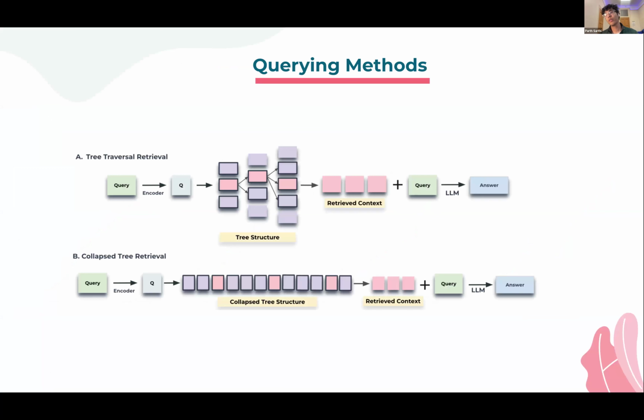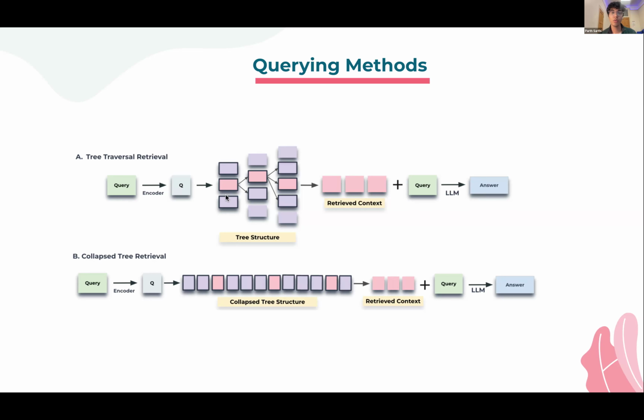Once we build our tree structure, now you want to query from it. There are two methods that we explored: the tree traversal method and the collapsed tree retrieval method. In the tree traversal method, you traverse the tree from the root nodes all the way to your leaf nodes.